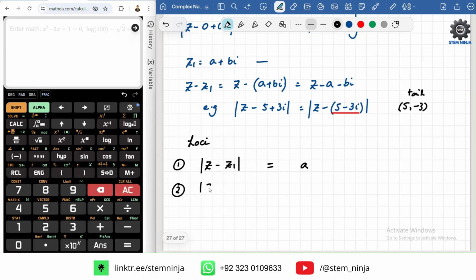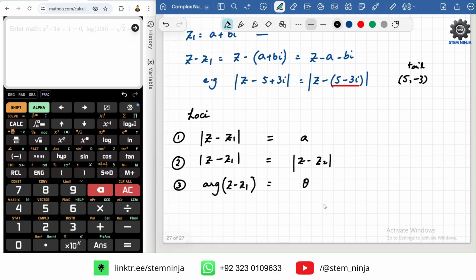Second one, the modulus of z minus z1 equals the modulus of z minus z2. And third, the argument of z minus z1 equals some angle. And for the angle, we usually use radians.